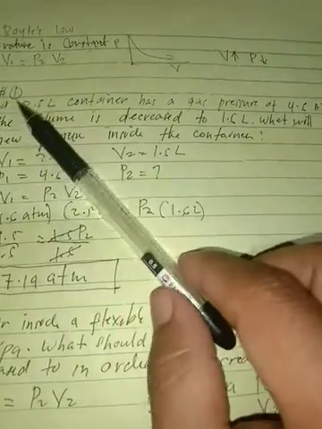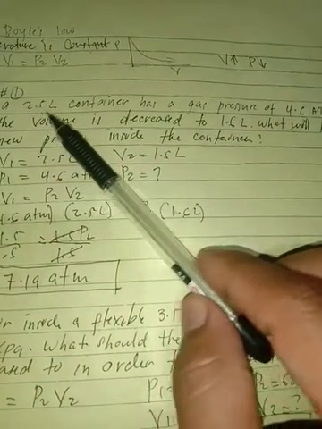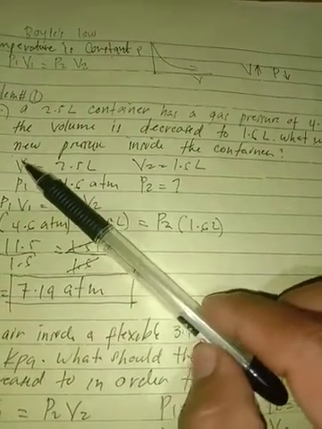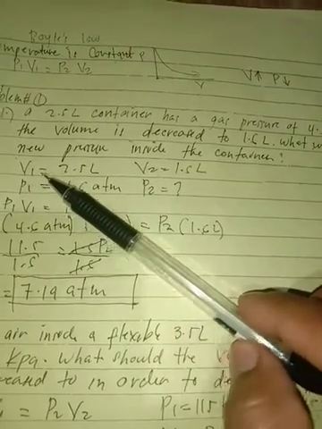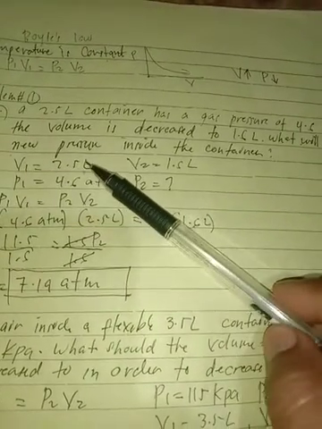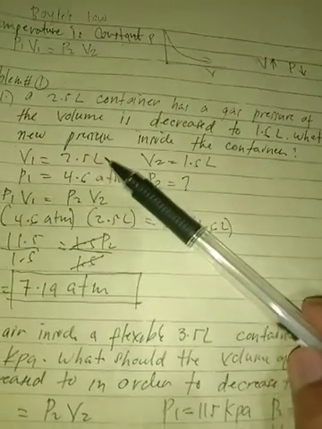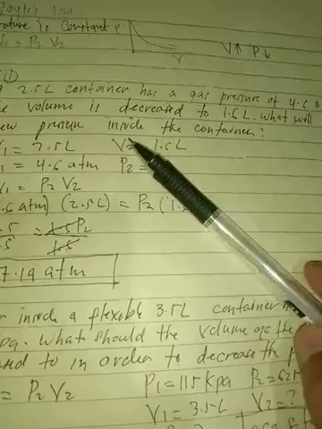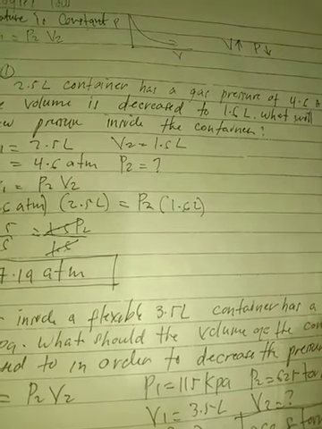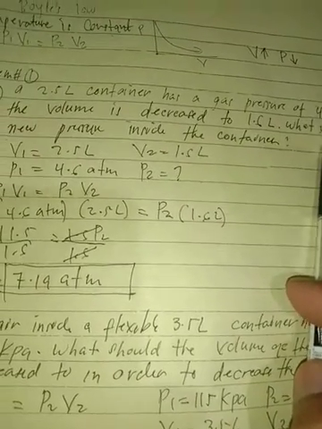The 25 liter, meaning to say, this is the volume. So the first volume, volume 1, V1. This is the value. So we are going to find the pressure 2. Our pressure 1 here is 4.6 atmosphere, atm.